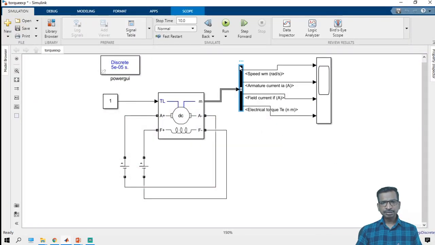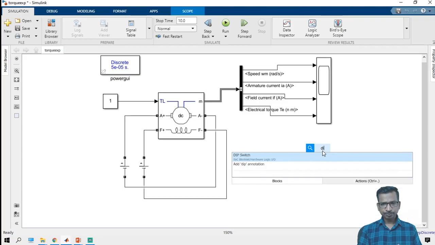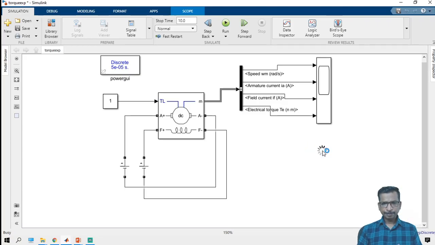Similarly we can check the output with the help of a display block also. Just to take a mux block.